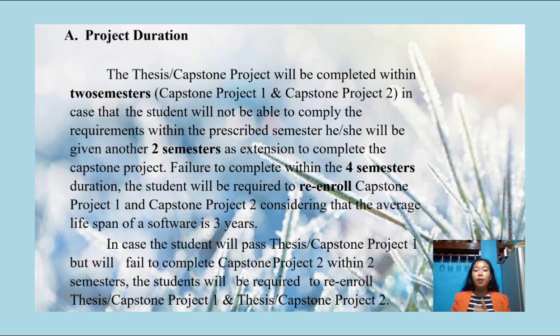Failure to complete within the 4 semesters duration, the student will be required to re-enroll Capstone Project 1 and Capstone Project 2, considering that the average lifespan of a software is 3 years.